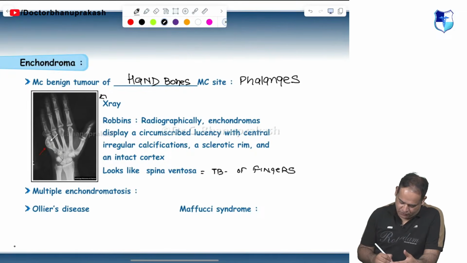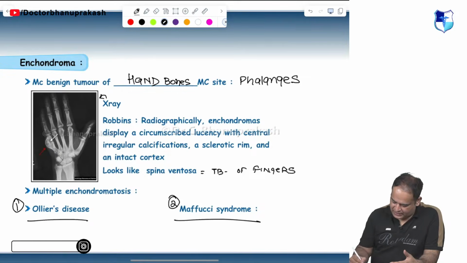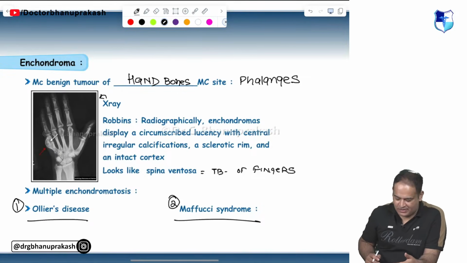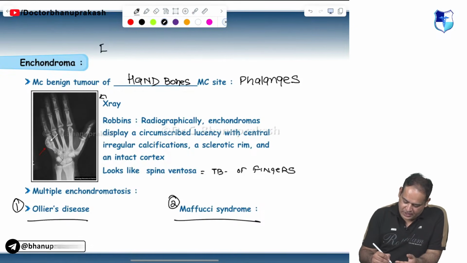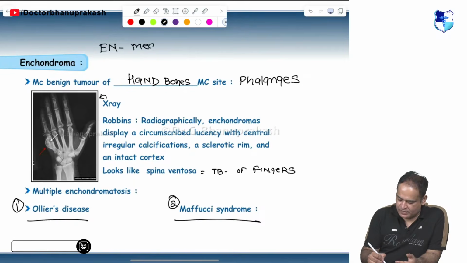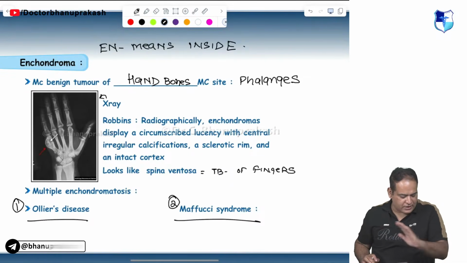Tuberculosis of the fingers. So multiple enchondromas are seen in two diseases, Ollier disease and Maffucci syndrome. Maffucci syndrome. This word N means inside. N means inside. Yes, 110%.